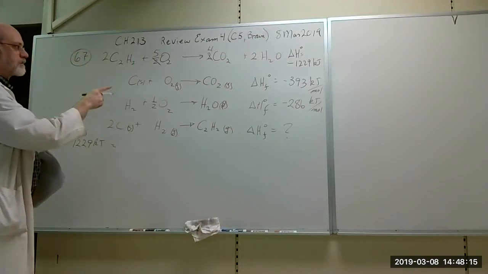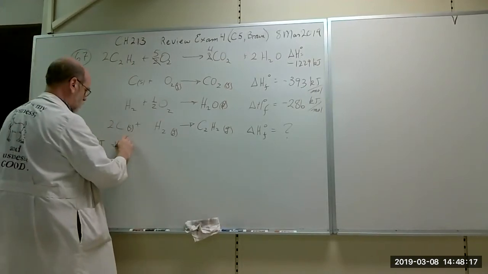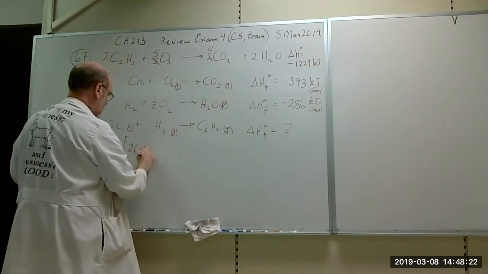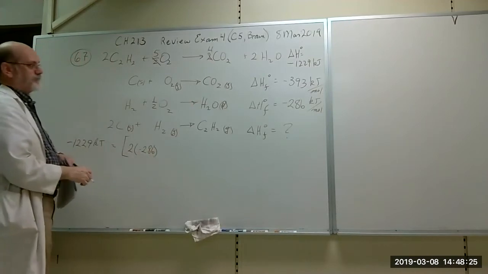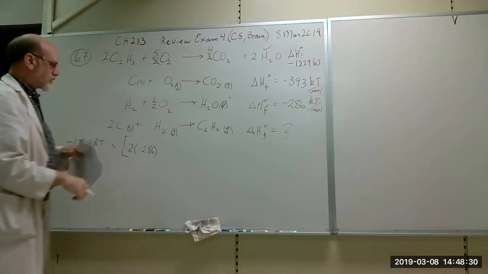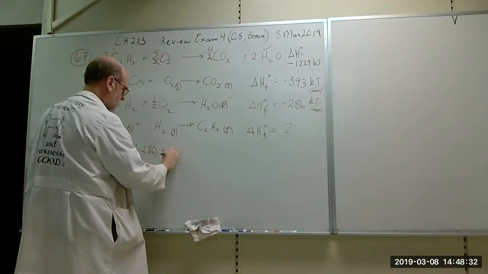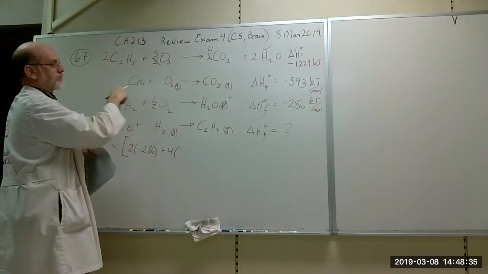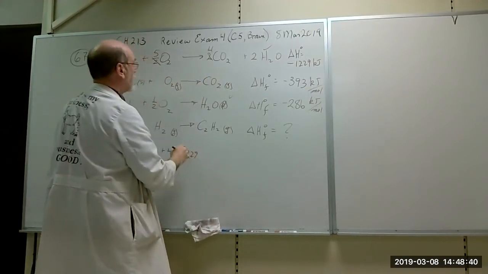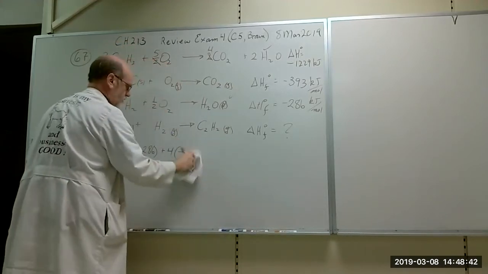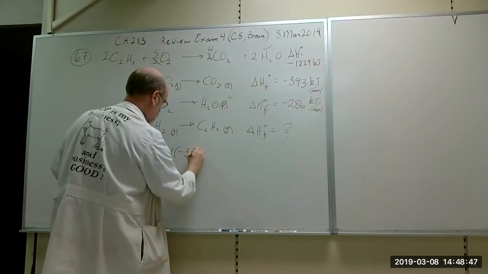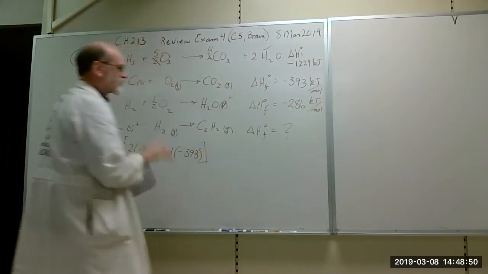Well, there's water, but we need 2 of them. Minus 286, right? So that takes care of water. There's CO2, we need 4 of those. CO2, here, minus 393. Okay, so that's the products.